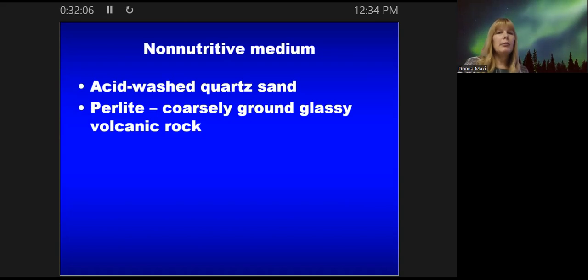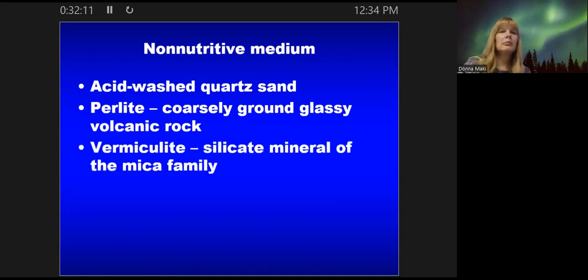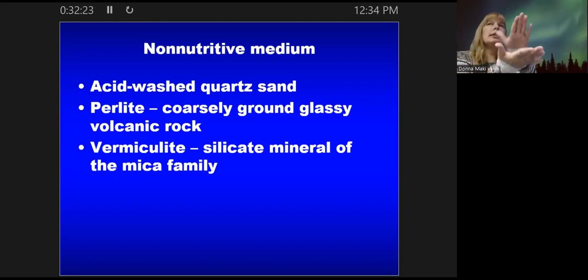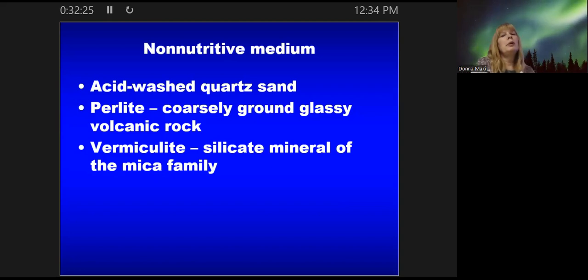And then there's vermiculite, another inert substance. You often see perlite and vermiculite added into potting soil because it creates loft so that your soil doesn't get too compacted. But it's also inert.